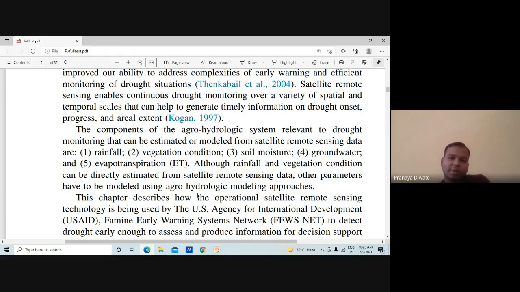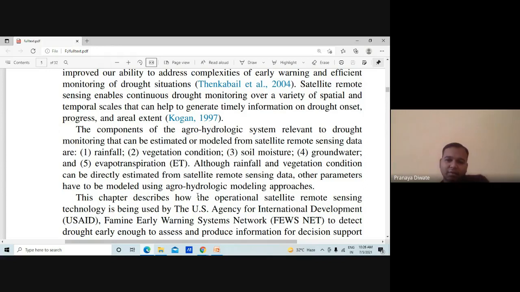The components of the agro-hydrological system relevant to drought monitoring can be estimated or modeled from satellite remote sensing data. First is rainfall, second is vegetation condition, third is soil moisture, fourth is groundwater, and fifth is evapotranspiration. These are all parameters which can be used for drought monitoring.